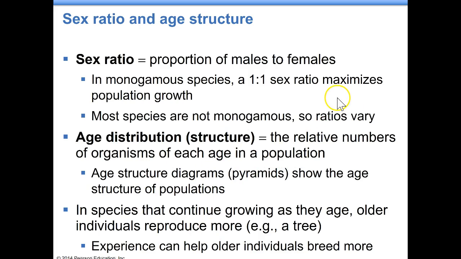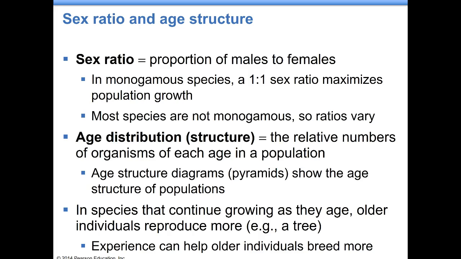One of the things that population ecologists are also going to do is look at the age structure, and they're going to look at the sex ratio as well. We're going to see a TED Ed video on this in class that's really going to help back this up a little bit for you and give you some nice visuals.